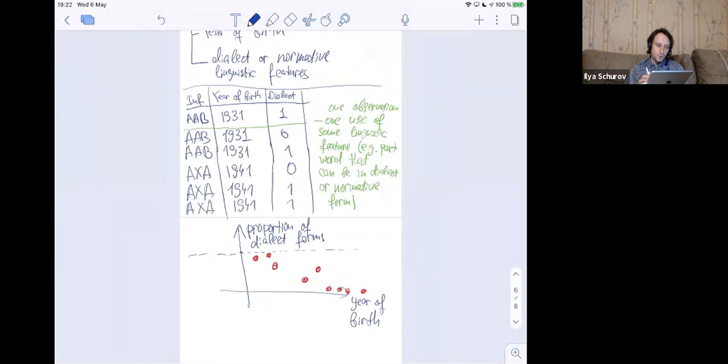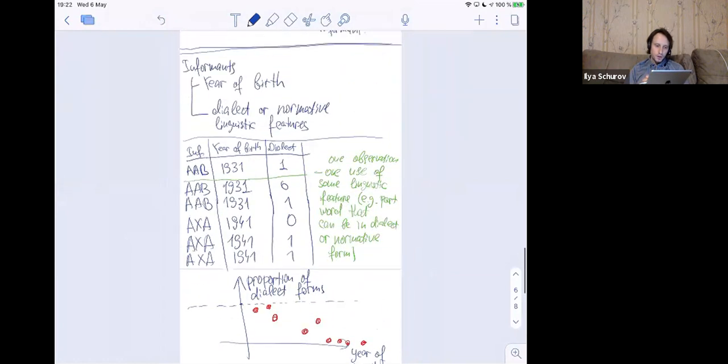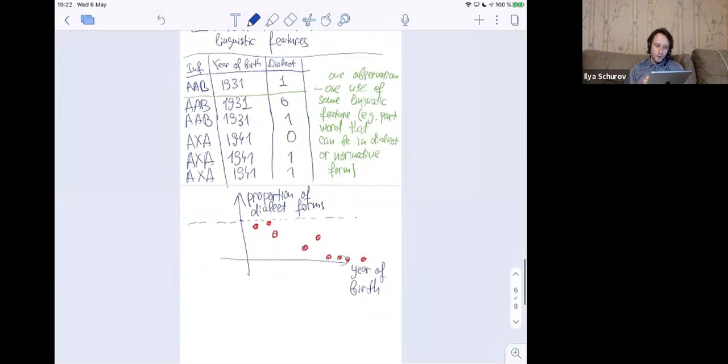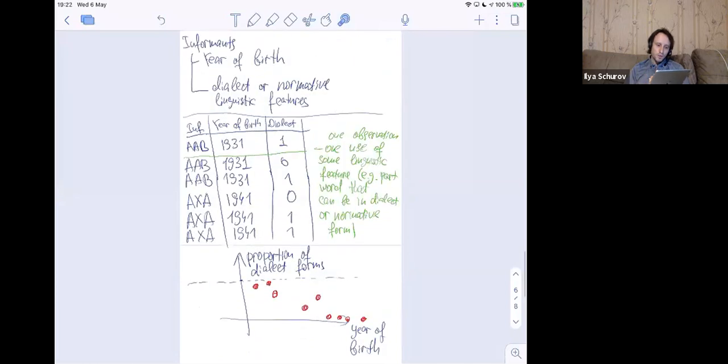To do so, we used logistic regression, because you can think about these values as just a binary outcome that can be either 0 or 1. But first, we just tried a simple logistic regression. We used dialect as the dependent variable and year of birth as the independent variable.